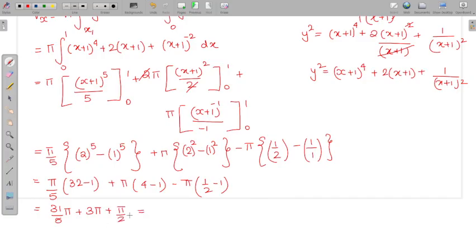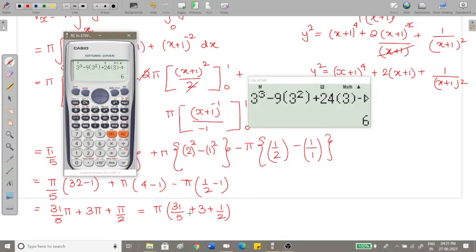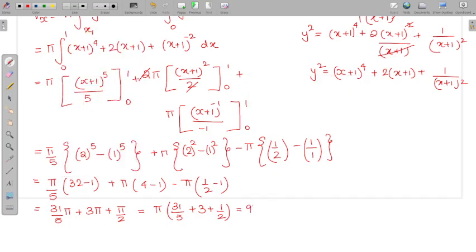If we take pi common, we need 31 over 5 plus 3 plus half, so let's see how much we get. 31 by 5 plus 3 plus half comes to 97 over 10. So our final answer will be 97 over 10 pi.